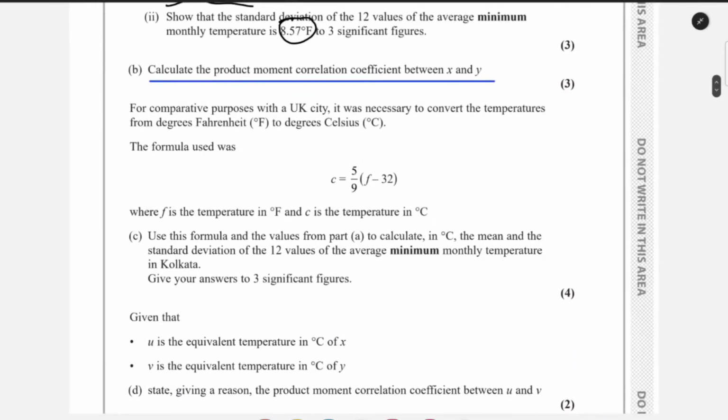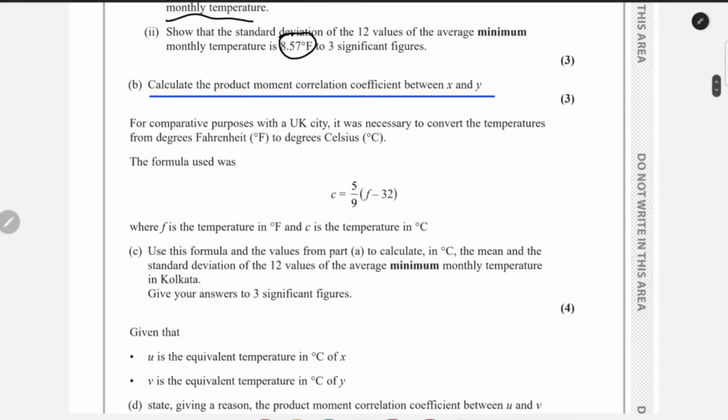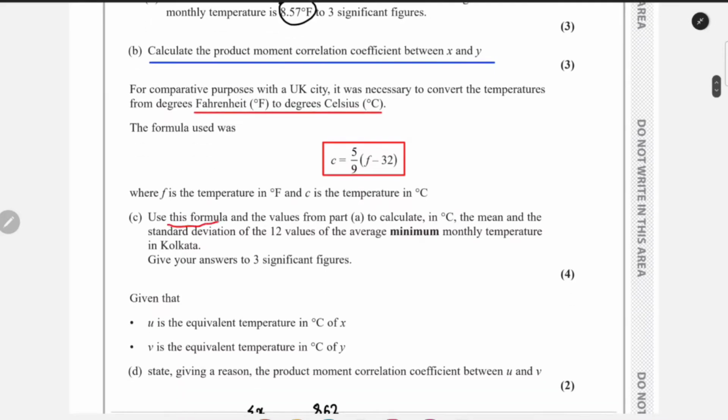Now in part C we are given that they had to convert the temperature from Fahrenheit to degree Celsius. So C is degree Celsius and F is Fahrenheit. We have to use this formula, and the values from part A to calculate the mean and the standard deviation in degree Celsius.